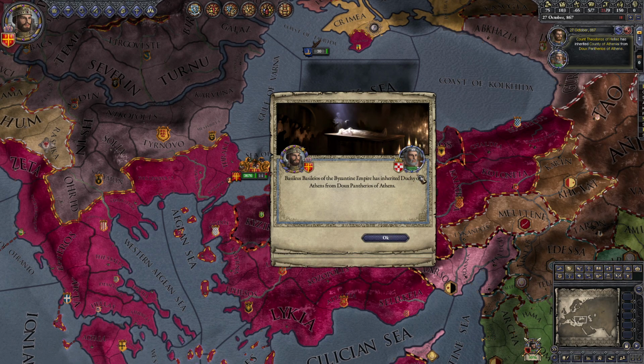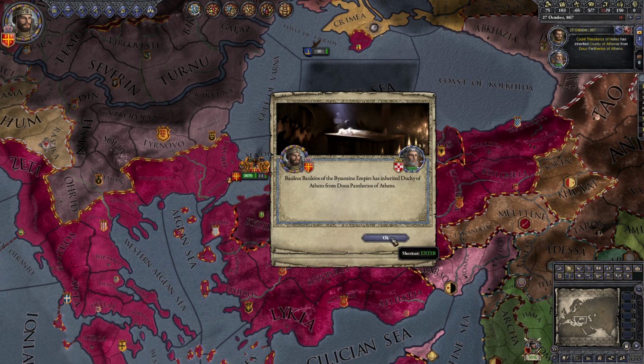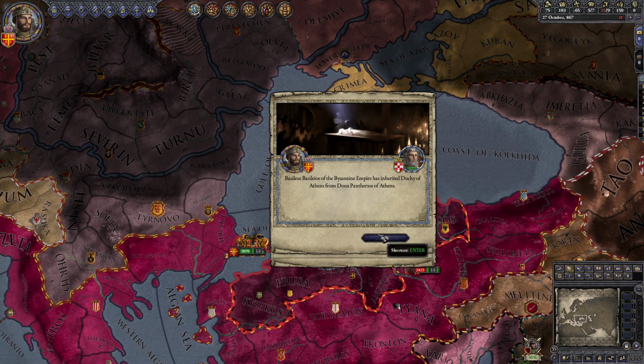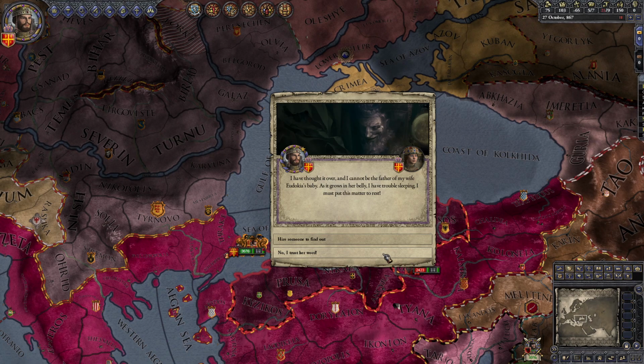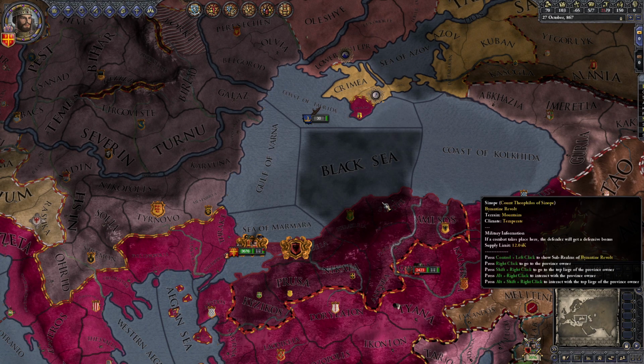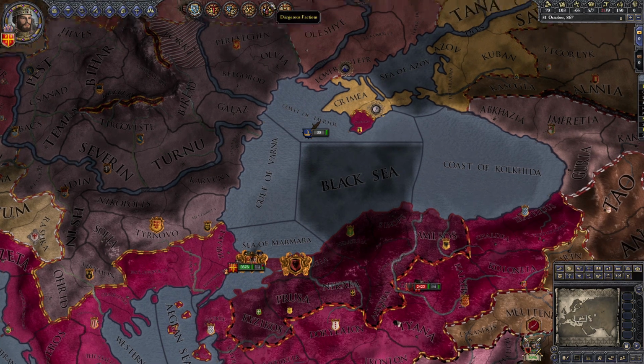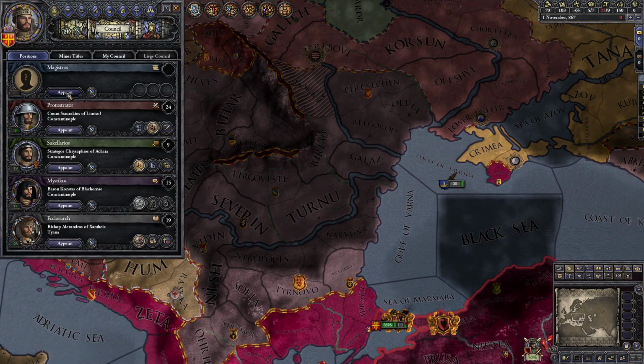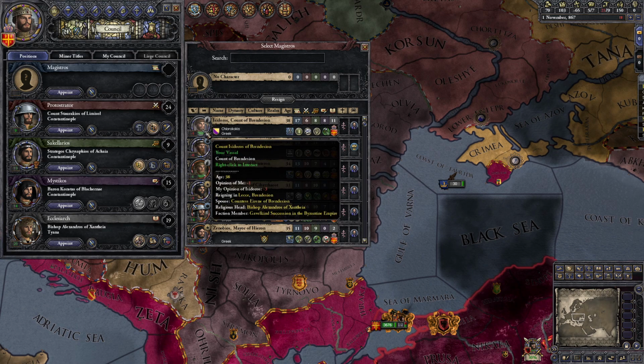Okay, so now I go ahead and I inherit the duchy back. Because, again, just do it. Oy, oy, oy. People are dying like flies. It's almost like there's no medical care.